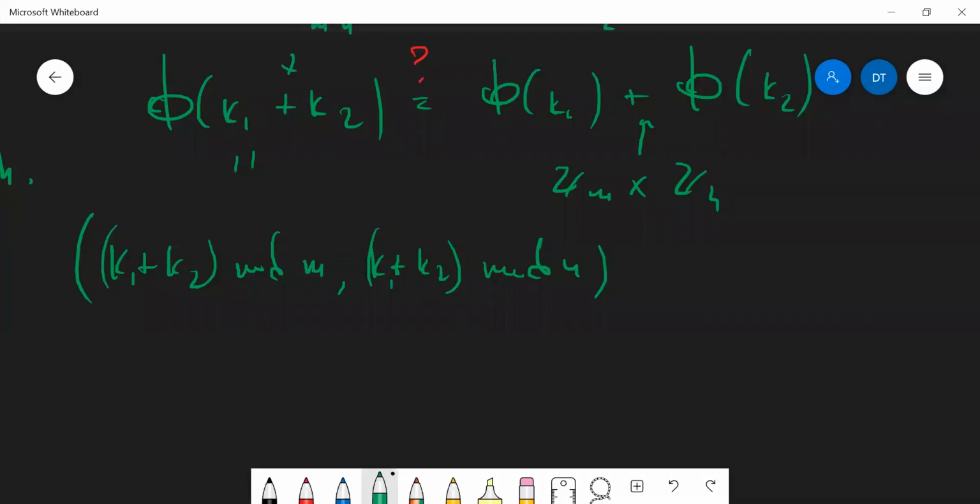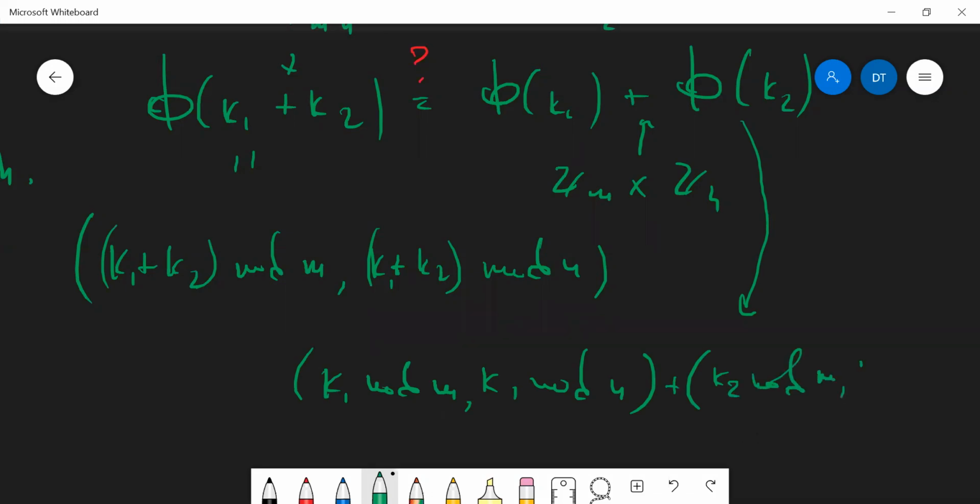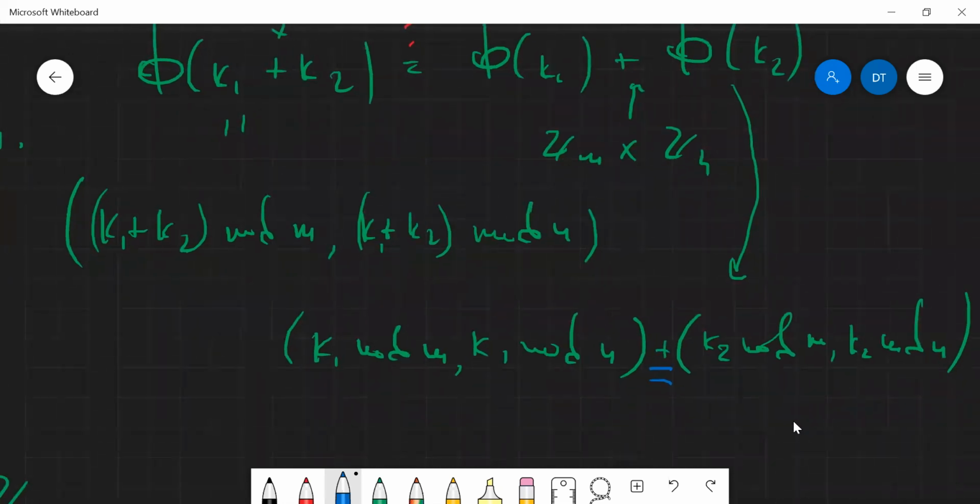What is the right-hand side? The right-hand side is k1 modulo m, k1 modulo n, plus k2 modulo m, k2 modulo n. And this plus in the middle is the notation for the operation on the direct product, so just component-wise addition in the corresponding group.